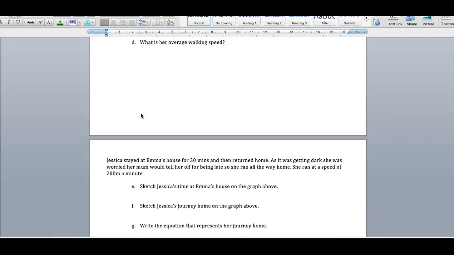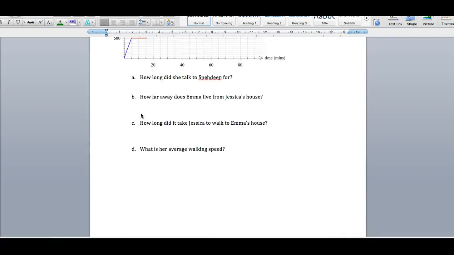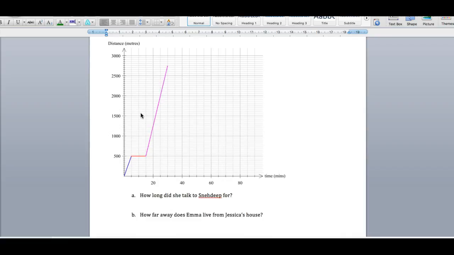So scrolling down, write the equation that represents her journey home. Okay, so her journey home. So this is frustrating. So her journey home was from, I can quickly just draw it anyway, to here.